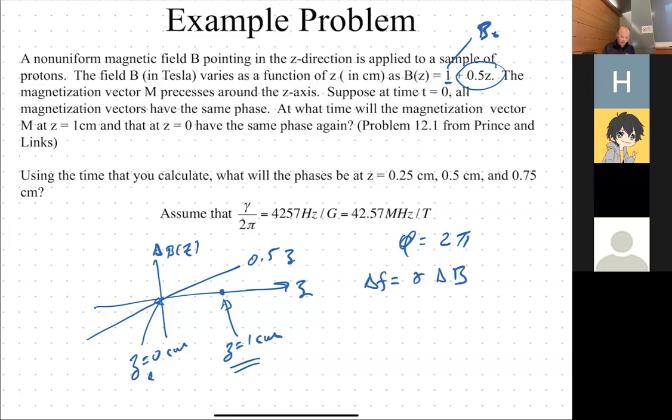So that's going to be gamma over 2 pi, sorry, times 0.5 Z. So this is going to be 42.57 megahertz per Tesla, and assuming this is all in Tesla, we have 0.5 times 1 Tesla per centimeter times Z. The way they've written it, we will ignore this unit here.